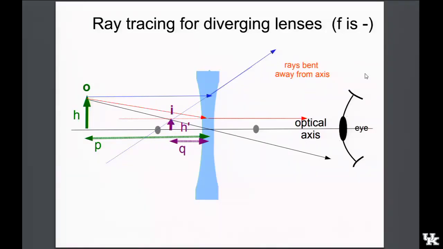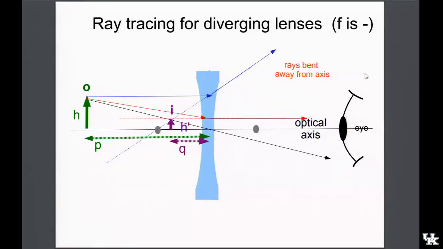And then the other one is the red ray here. This red ray is drawn again in a way that diverges the ray. So the ray is going to be bent away from the optical axis. You see it was going towards the optical axis, and then it's going to be bent away from the optical axis.